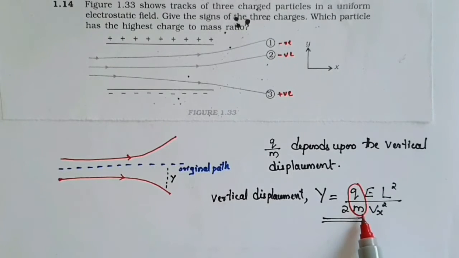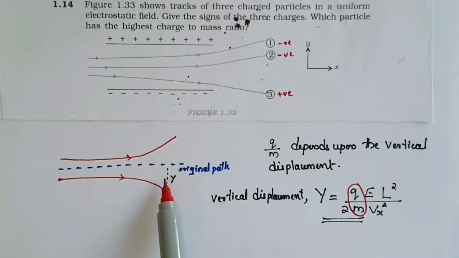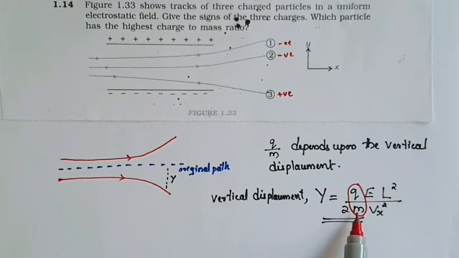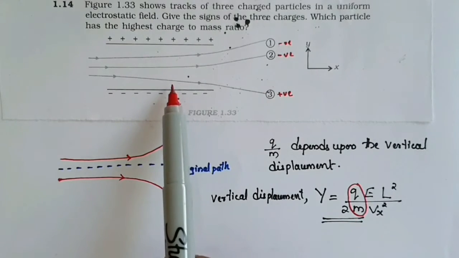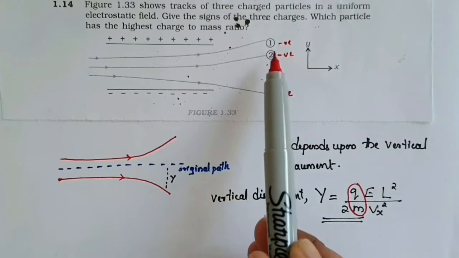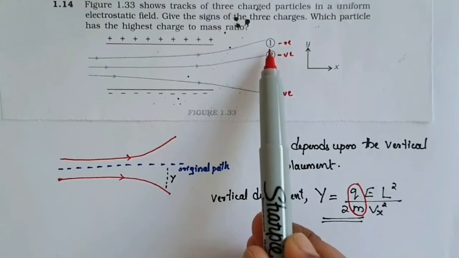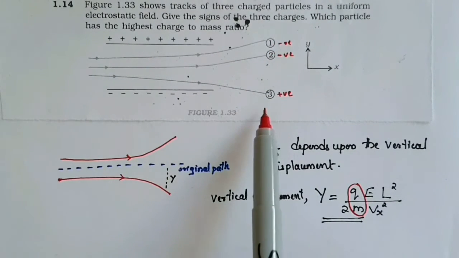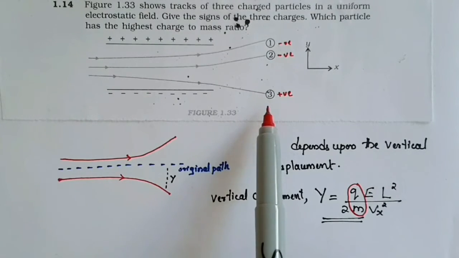Therefore, charge to mass ratio Q by m is directly proportional to the vertical displacement y. So, which particle has the highest vertical displacement, that is highest amount of deflection? That particle has the highest Q by m ratio. When you carefully look at the figure, you can see that particle 3 is deviated more when compared to the other two particles. Hence, it has the highest charge to mass ratio.